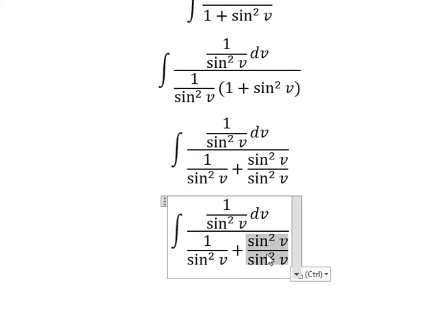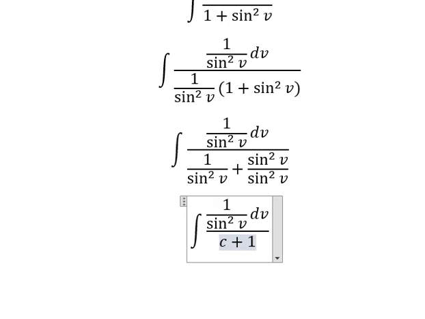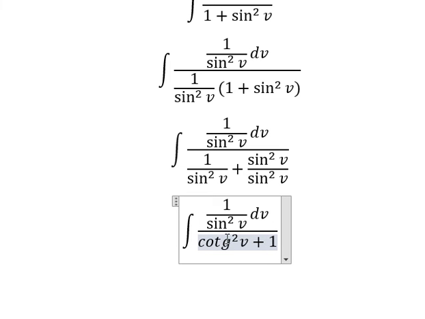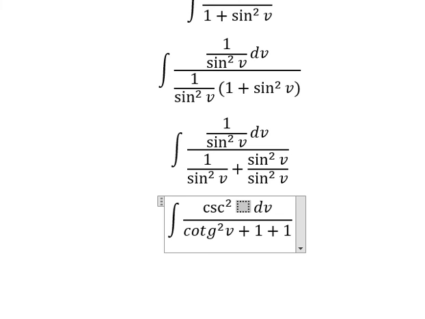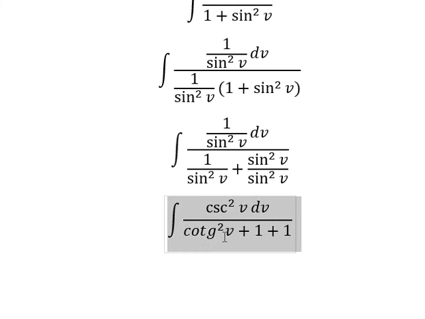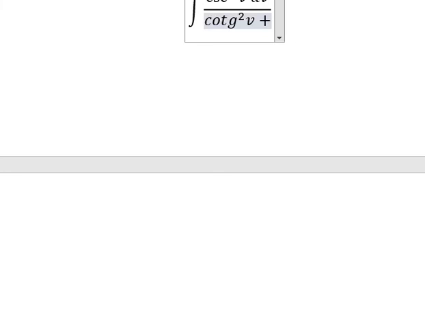And this one we change for number 1, and this one we change for cosine v squared plus 1, and this one we change for cosecant of v squared. 1 plus 1 is about 2.